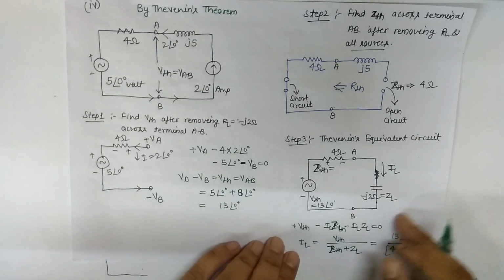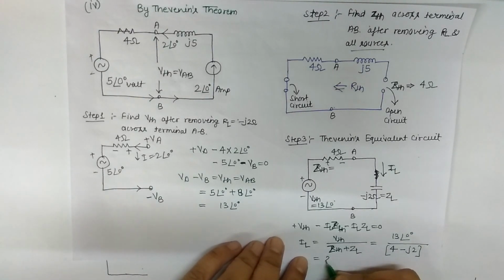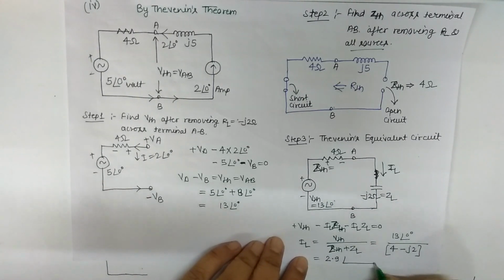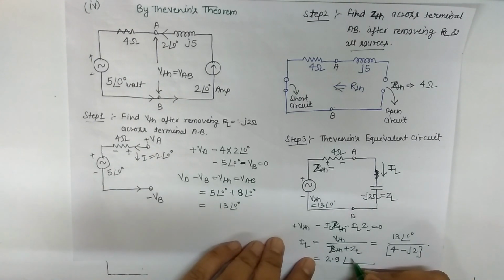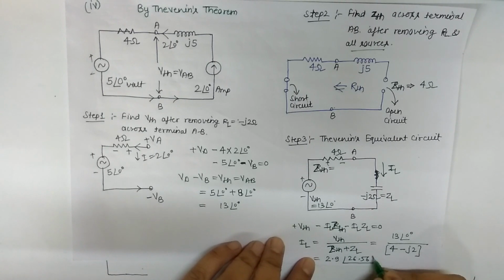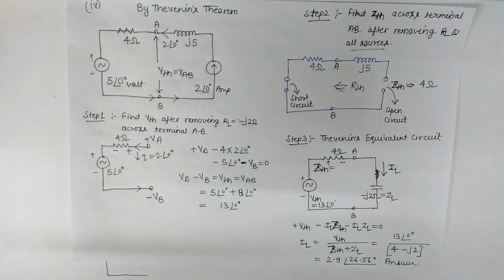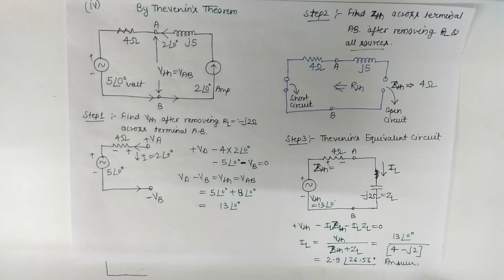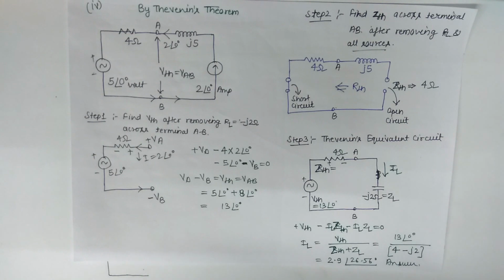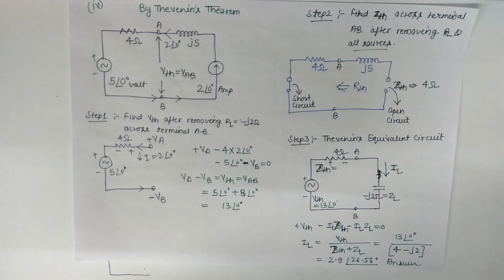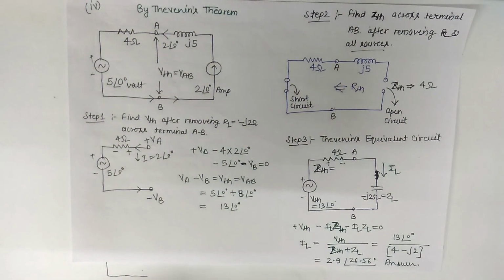So when we solve this, we get 2.9 angle 26.56 degree. So this is the same answer as when we solved this question by KVL, KCL and superposition theorem. So in this way, now we solve this question again by using Norton theorem.